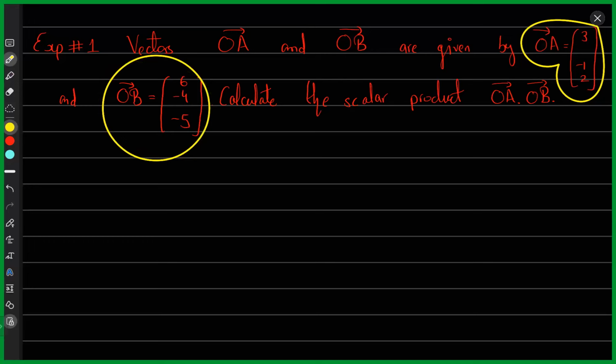Okay. So as I've told you earlier as well, we need to think wisely. If I say that OA dot OB is equal to the magnitude of OA multiplied by the magnitude of OB into cos of theta, this would make no sense because in this question, I do not have the angle between the two vectors. So I will use the other approach and then find out the dot product.